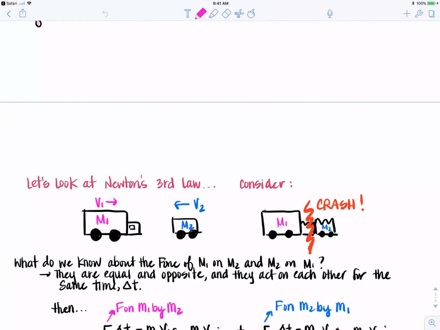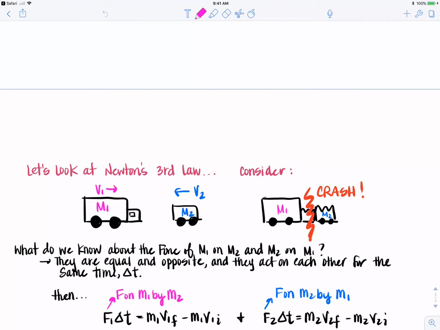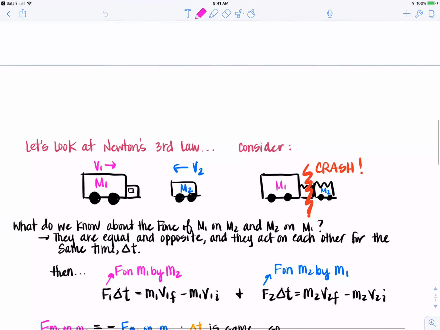Then if that is indeed true, if F is equal and opposite for each object and delta t is the same, then that means their impulses are equal and opposite. Or F1, meaning the force on mass 1 by mass 2 times delta t, is equal to the opposite of the force on mass 2 by M1 times delta t.